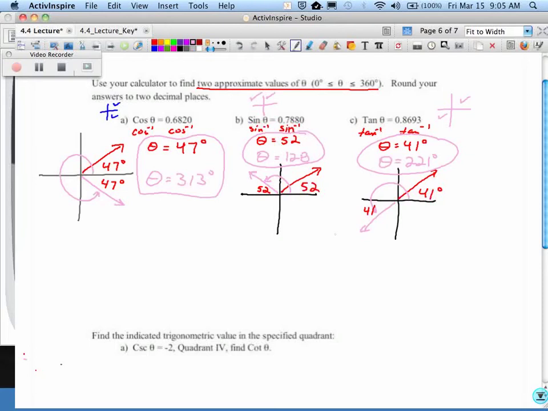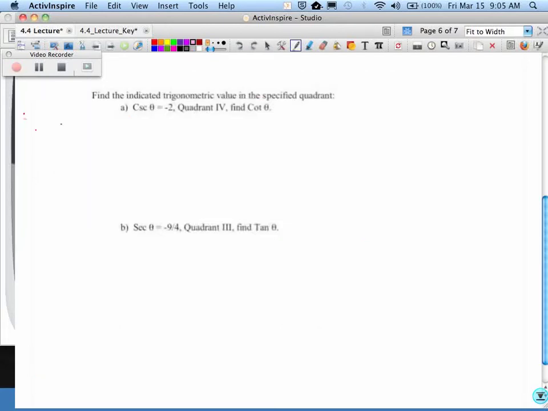They tell me to go to quadrant 4, so draw your triangle in quadrant 4. They tell you cosecant is -2. What's cosecant the reciprocal of? Sine. If sine is opposite over hypotenuse, cosecant is hypotenuse over opposite. Do I put the -2 on the hypotenuse?